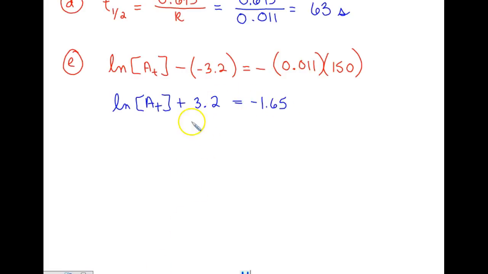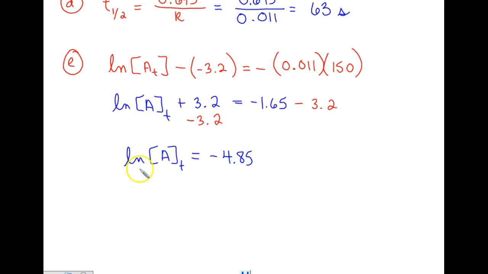Then I'm going to subtract 3.2 from both sides. I just noticed I wrote the 10 inside the natural log. This is going to give us a negative 4.85.